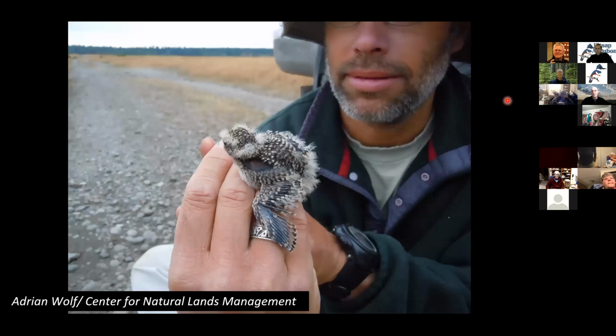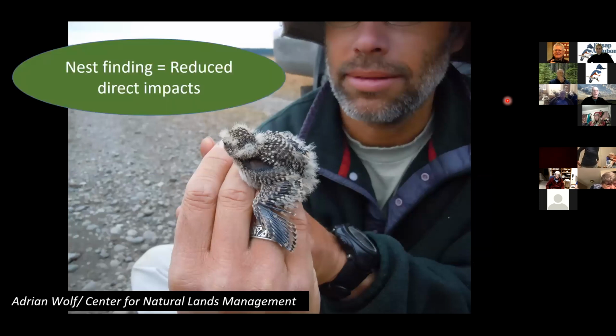A couple of other things they're doing at JBLM with these birds. They've got people on the ground now surveying in the spring, looking for nest sites. And when they find them, they tell the airfield managers, they tell the people that coordinate the training exercises, and those people avoid those areas. So that gives the birds a chance to grow, to fledge, and to migrate out of there.